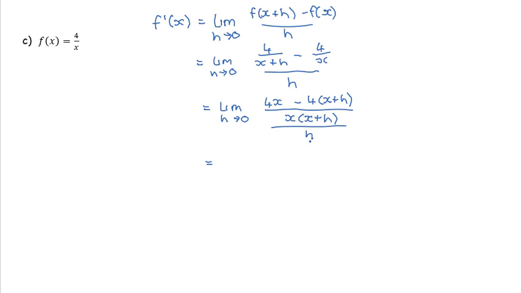Now bear in mind this line here is just h over 1, so dividing by h over 1 is the same as multiplying by 1 over h. So what I end up with is the limit as h tends towards 0 of 4x, and I'm going to multiply this bracket at the same time, 4x minus 4h, all over h times x plus h.